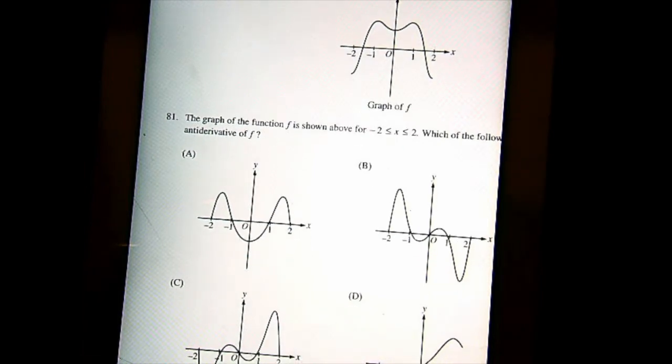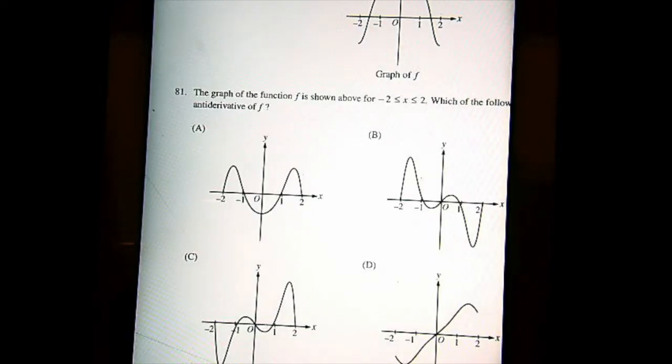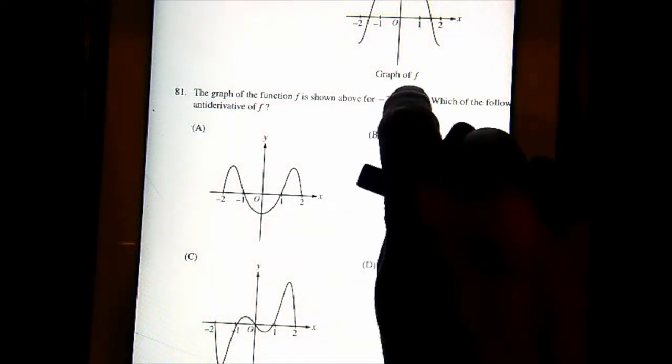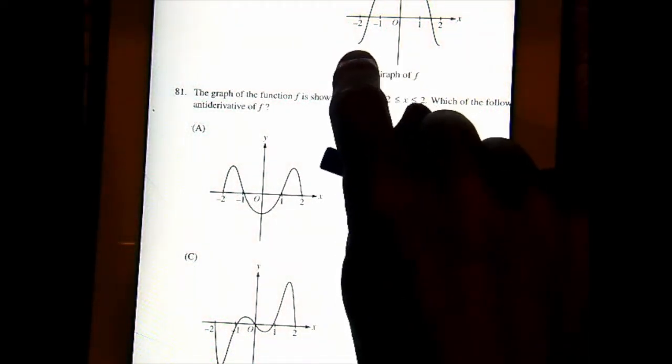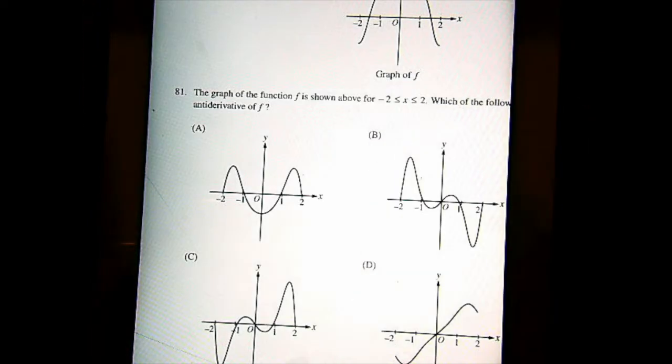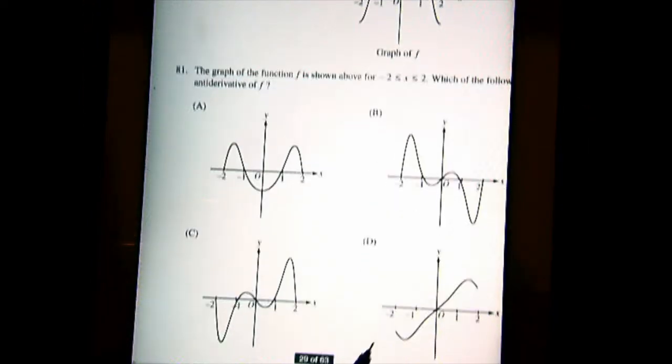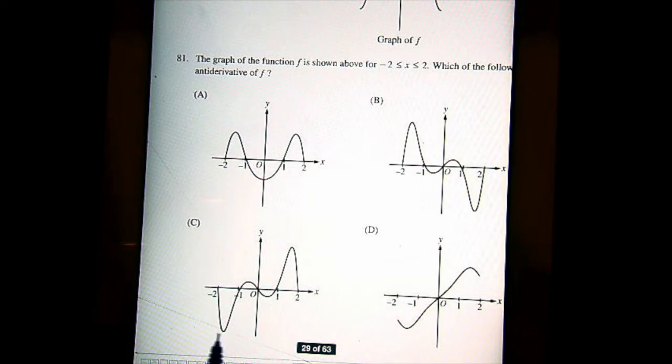Moving on to C. In graph C, it seems that the slope of the tangent line is fairly negative at negative 2, and our graph f does have a negative value at negative 2. So that's sort of interesting. What else do we notice? Well, right here, the tangent line appears to be horizontal.